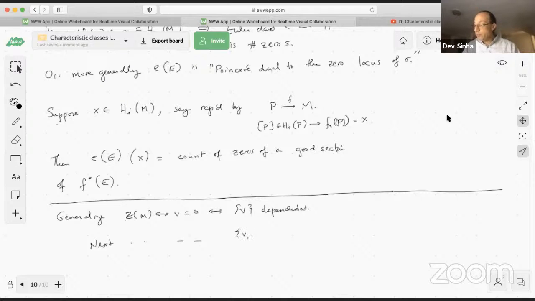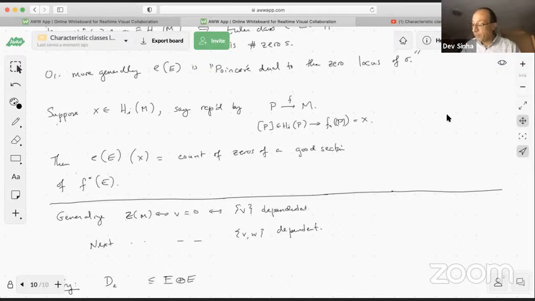But another thing to say, so next, let's consider V and W, two sections which are dependent, because that's also something that we can say coordinate free. So you would try to define a subspace. Well, you can define a subspace of E plus E. I'm going to call it D2.